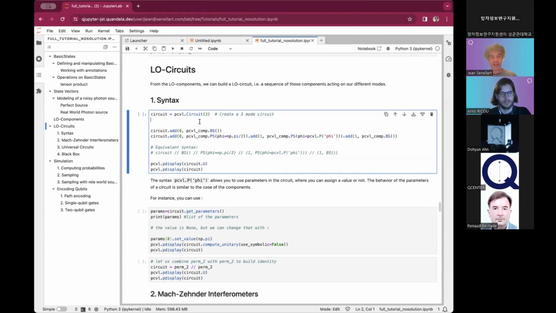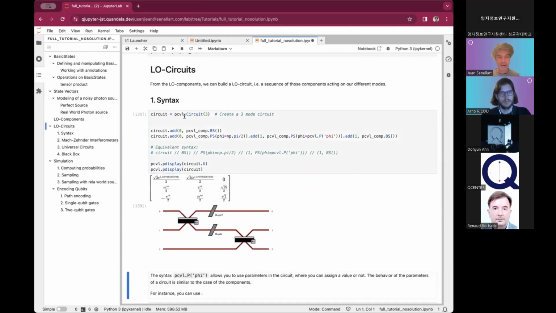So the object that we will manipulate is the circuit object, and there is a very simple syntax, which is add. You define a circuit, and then you add a component, or another circuit, to your circuit.